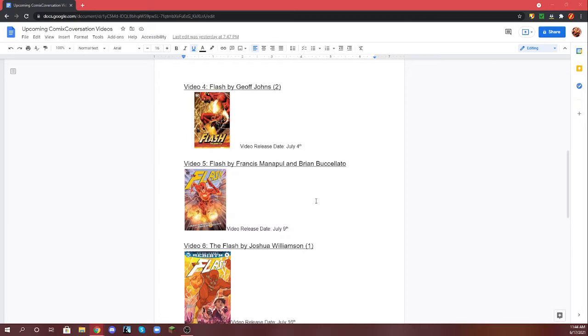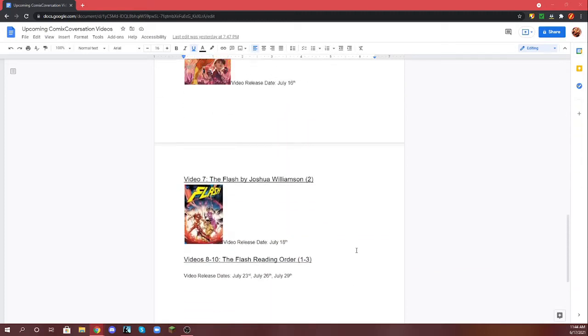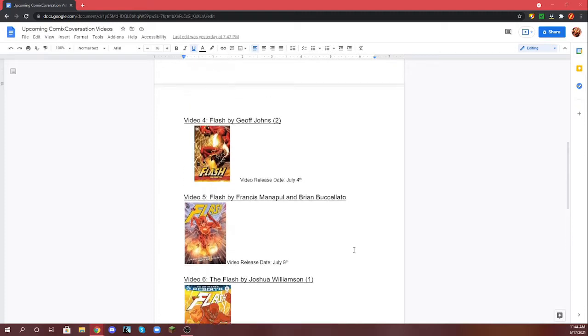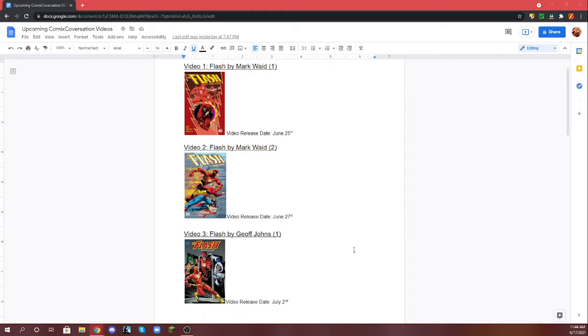And since I've read nearly all of the Flash books that have been collected, I want to give you that information on where all the books take place, so you have as little difficulty as possible when you start reading the Flash comics. So that's really what this channel is aiming to do, to make sure you have a nice transition into reading Flash comics, because I really enjoyed them and I want all of you to share that enjoyment as well.